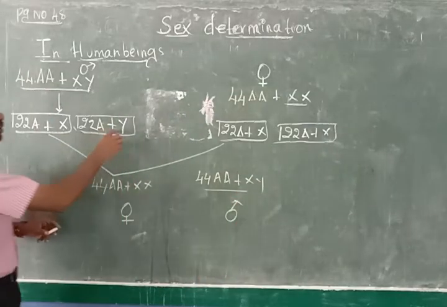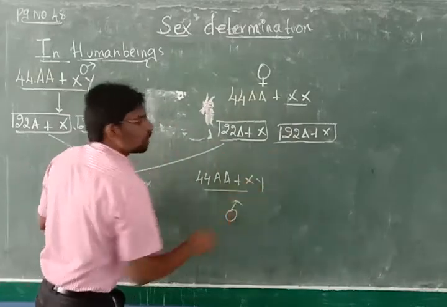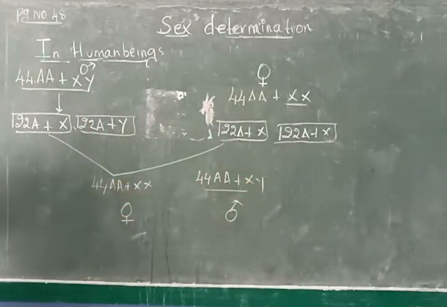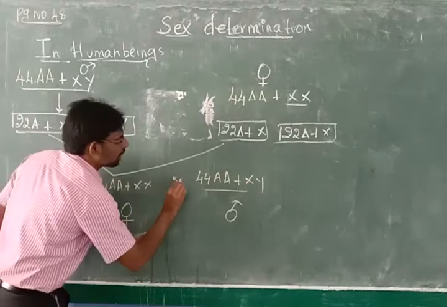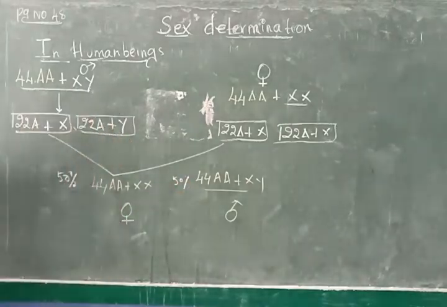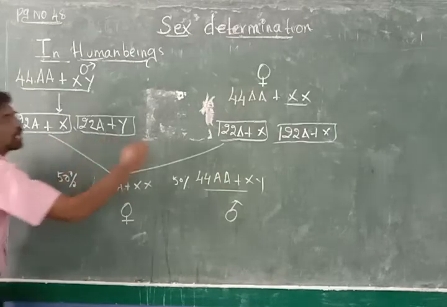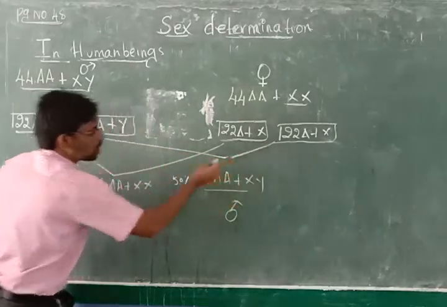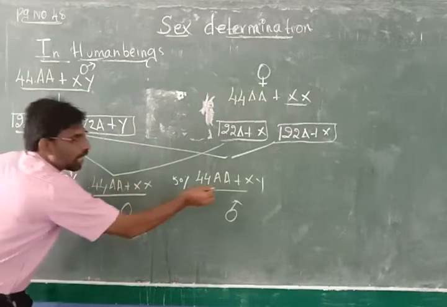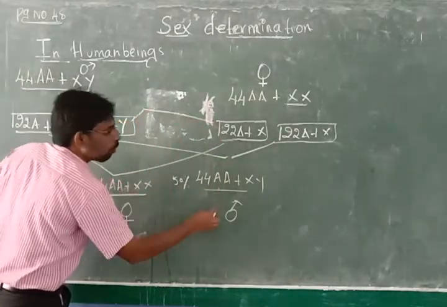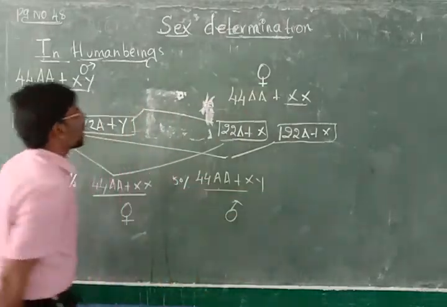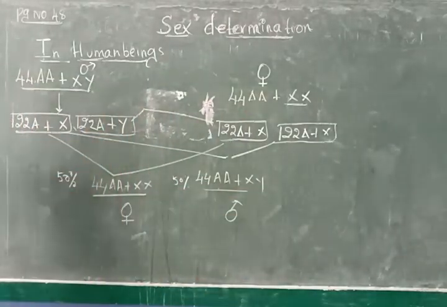So again if you combine with these two, same you will have it. So in the sense you will have 50% female possible and another 50% male possible. This much you understand. I add this one to this and again this one to this. So I got one female and one male. If I combine this and this, again I will have one male, and this if I combine, I will have another. Is it clear? So this is the thing that we have discussed here.